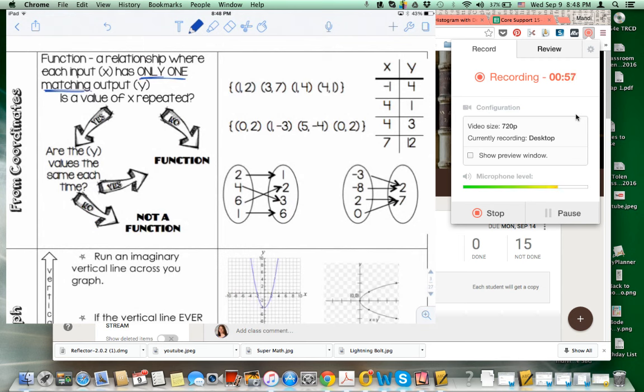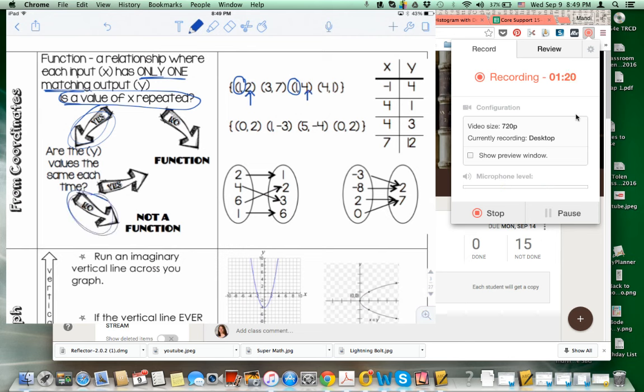So we're going to start with our question. Is a value of x repeated? Well, we have 1, 3, 1, and 4. So 1 is repeated. So yes, 1 is repeated. So the next question says, are the y values the same each time? So let's look. That's a 2. That's a 4.